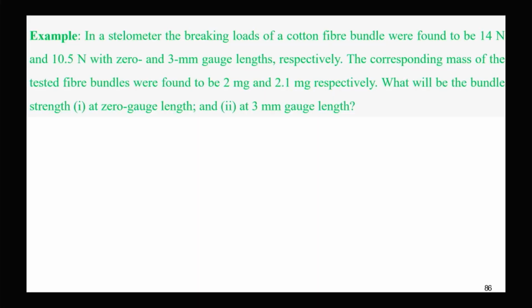Now try to solve this numerical. In a stelometer, the breaking load of a cotton fiber bundle is found to be 14 Newton and 10.5 Newton at 0 gauge length and 3 millimeter gauge length respectively.